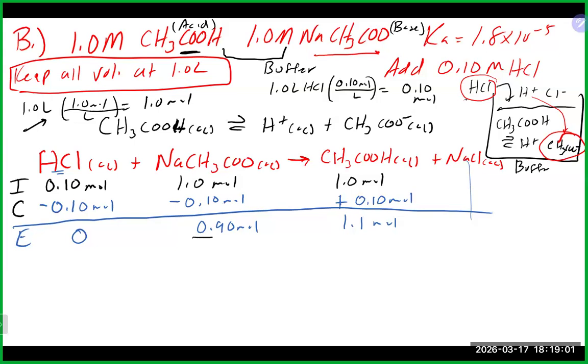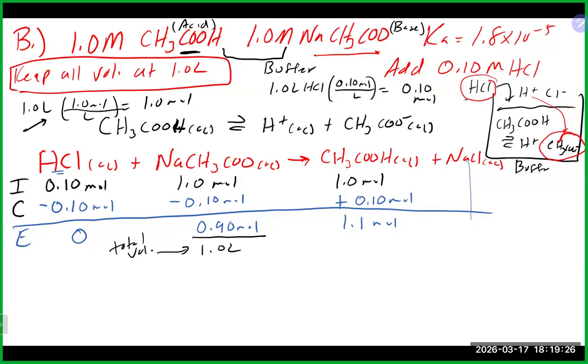To convert this back, we're going to divide by the total volume, which in this case is 1 liter. Now, if we didn't keep the volume constant and we had 100 milliliters of buffer and we added 20 milliliters of HCl, our total volume at the end is 120 milliliters, and you would divide by 0.12 liters to convert it back.